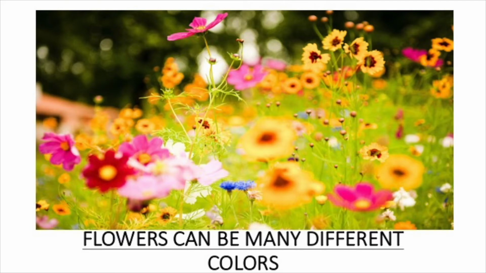What different colours can you see in the picture? How about here? We have yellow, pink, red, green, white. You see all the different colours. Where's blue? Ah, blue. Yes, you're right. Here. Yellow too. So you can see flowers can be many different colours and always very pretty.